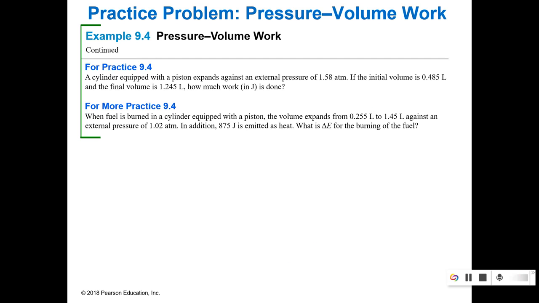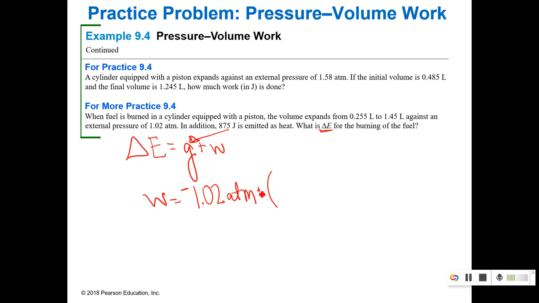Okay, remember for this one, delta E is equal to Q plus W. So Q is 875. Let's go ahead and do W. So W is 1.02 atmospheres times 1.45 liters minus 0.255 liters.